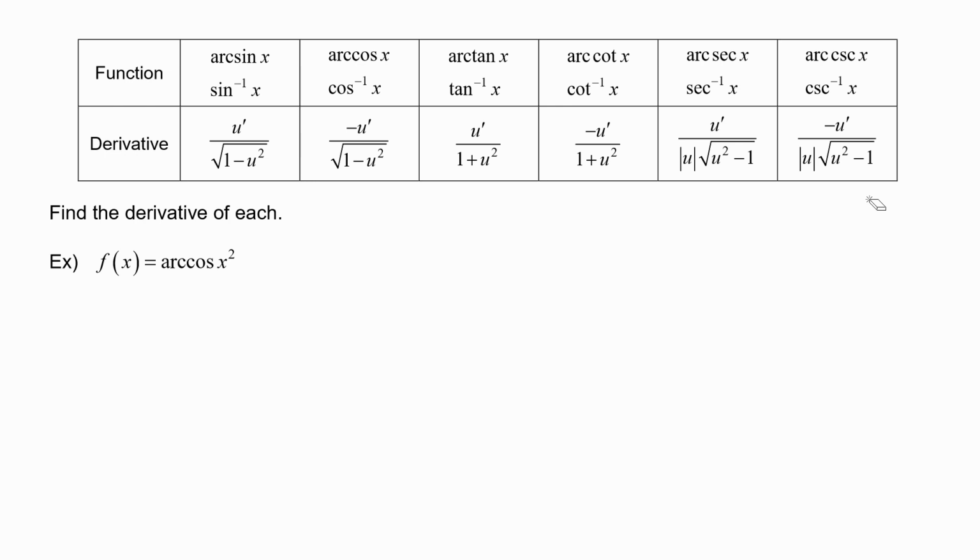So now, in this example, we have to find the derivative of f of x equals arc cosine of x squared. The rule that we will apply is negative u prime over the square root of 1 minus u squared.